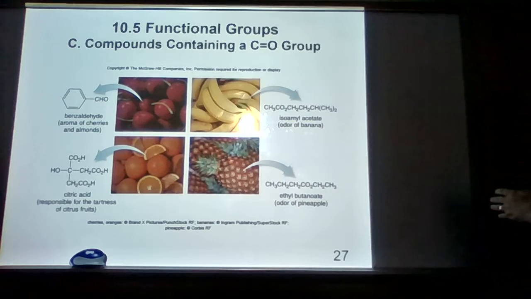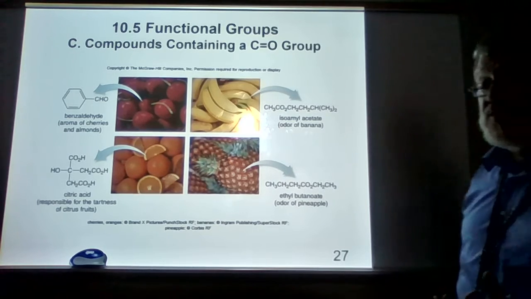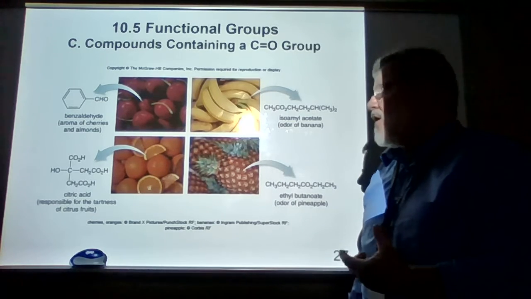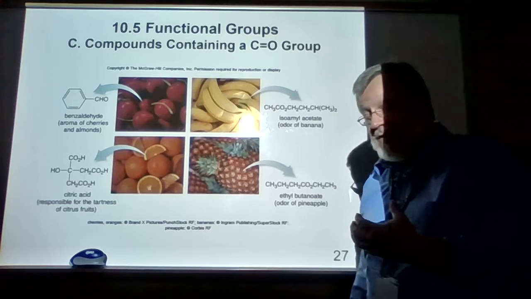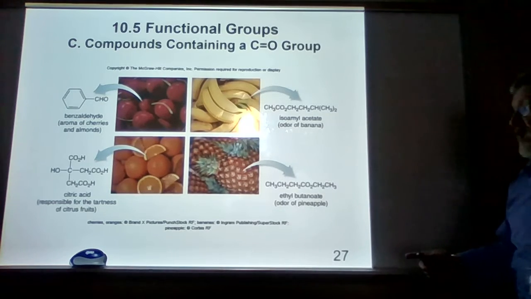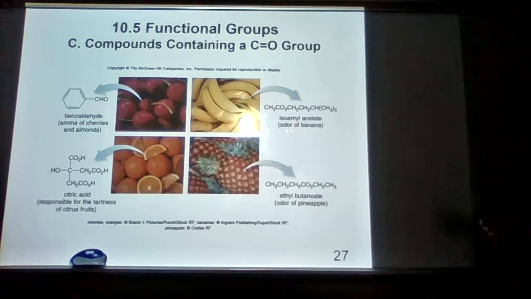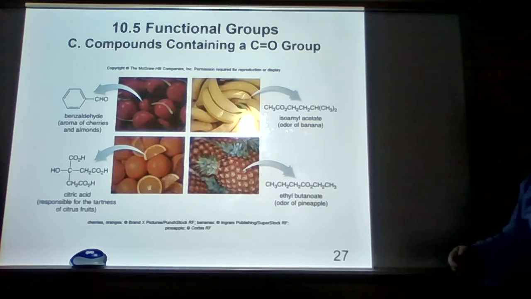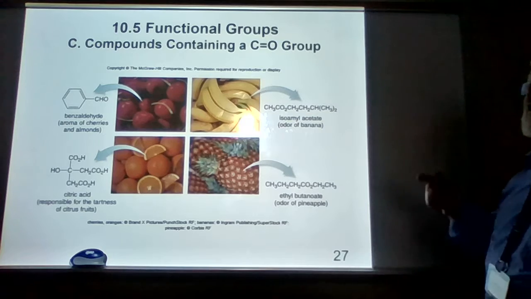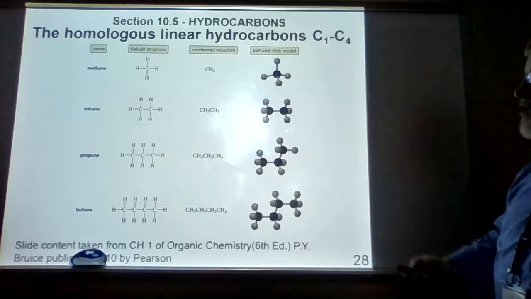To some people, this is very positive, very pleasant smelling. To other people who have sensitivity to these things, sometimes they don't smell so good. But primarily, it's the C double bond O functional group that creates part of the aromatic nature of these materials.